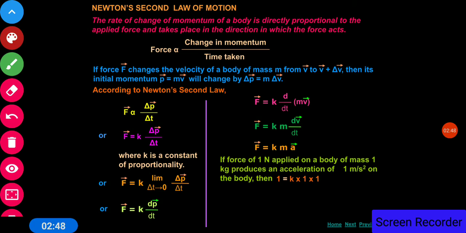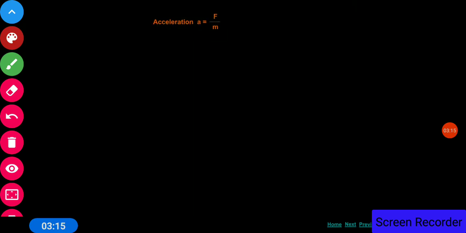If we put it in the equation, we get K = 1, and then we can say that F = ma, force is equal to mass into acceleration. So we can say that 1 Newton is that force which produces an acceleration of 1 meter per second square on a body of mass 1 kg. In this way we can define 1 Newton force.